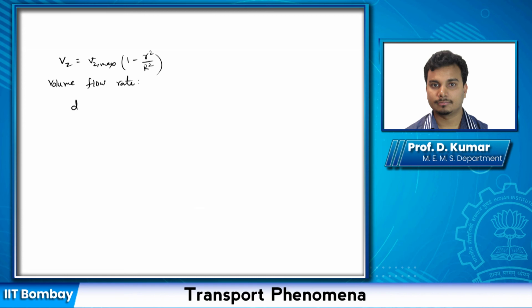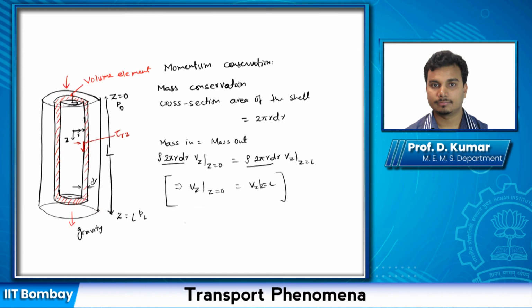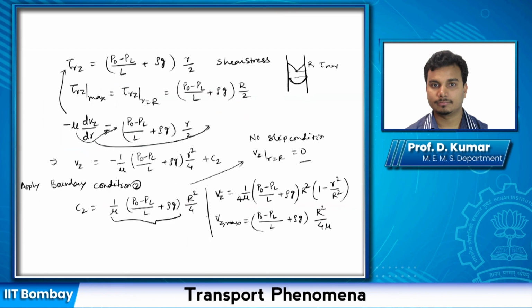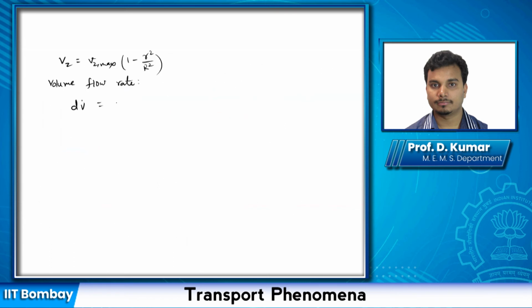So for this given control volume, we can write dQ. The area is 2 pi r dr, and then whatever is Vz. So this is your volume flow rate, which is 1 minus r squared by R squared times dr.